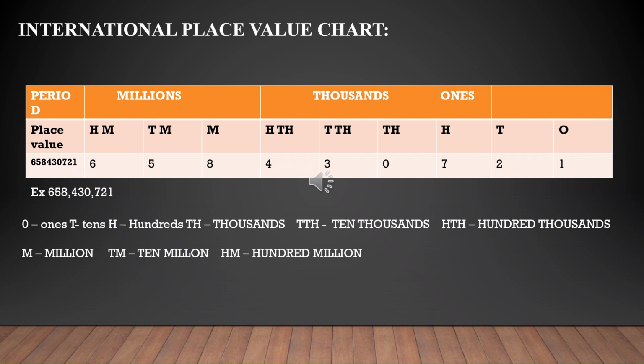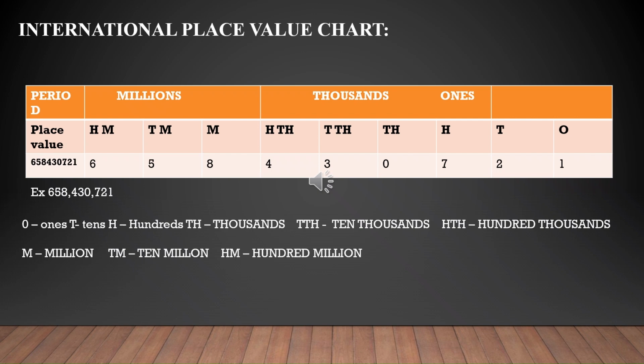How will you represent a number here? One example is given to you, and it is shown in the chart. Here, O means ones, T means tens, H means hundreds, TH means thousands, TTH means 10,000, HTH means 100,000, M means millions, TM means 10 million, HM means 100 million.